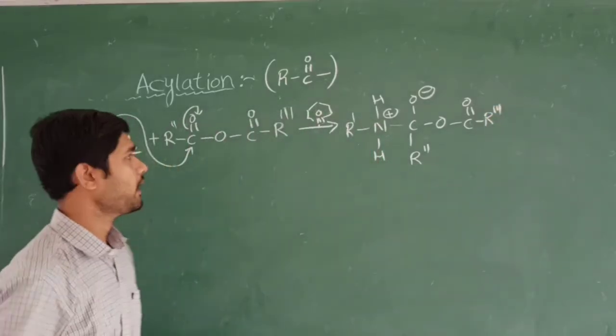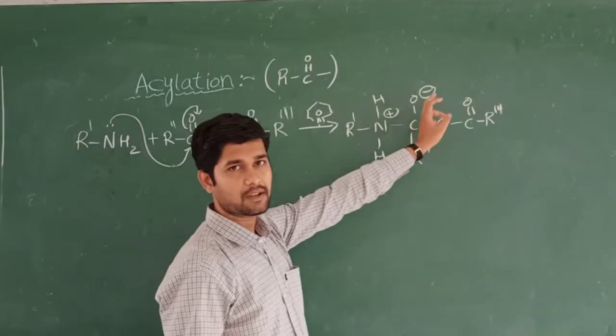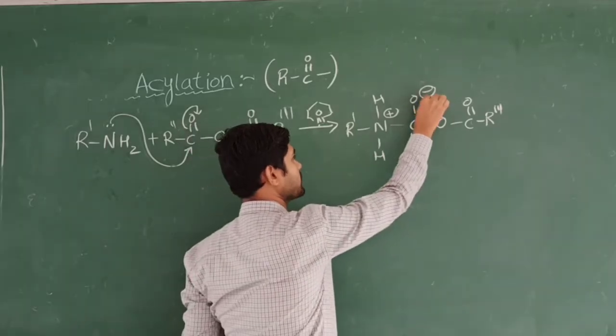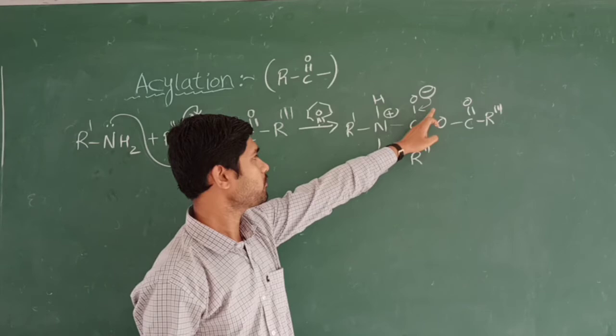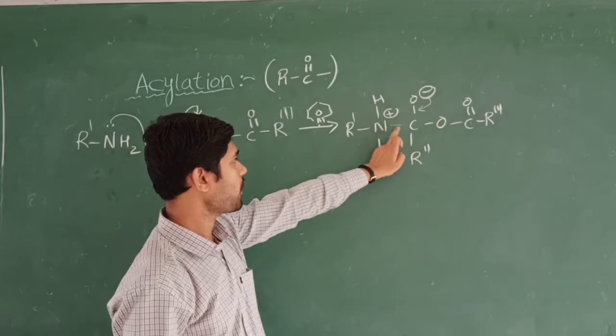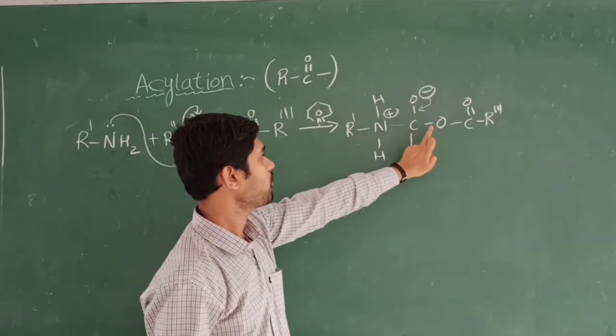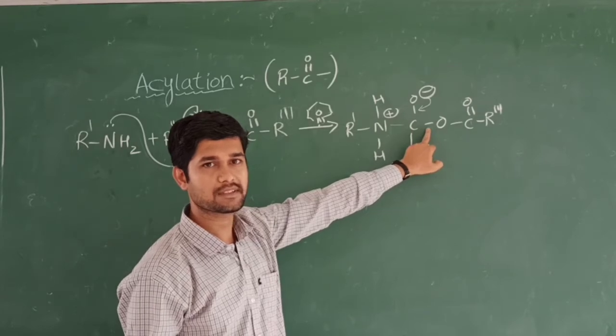It will be like this, and you know that this is an unstable compound, and this bond migrates towards the oxygen atom.